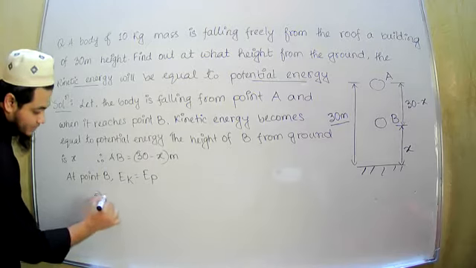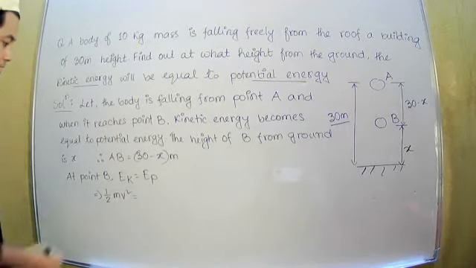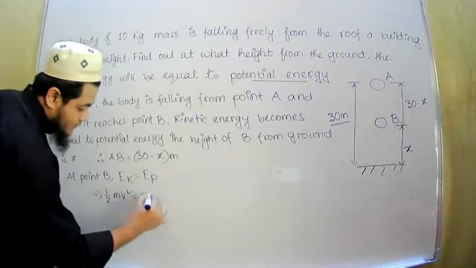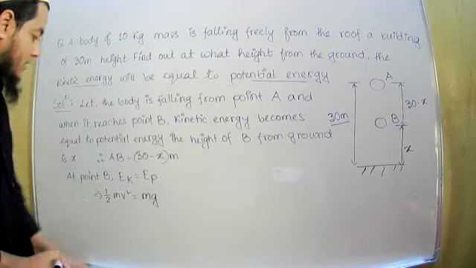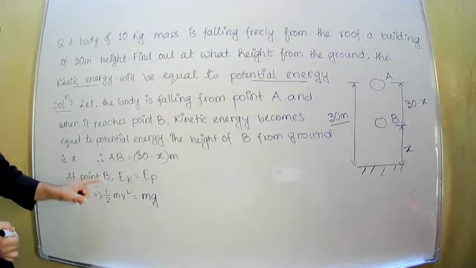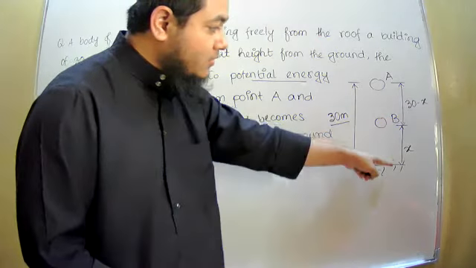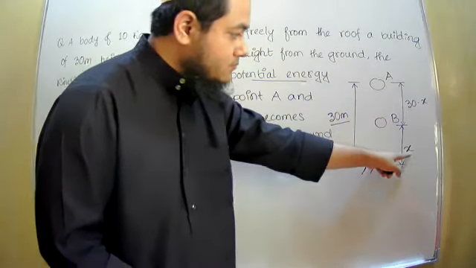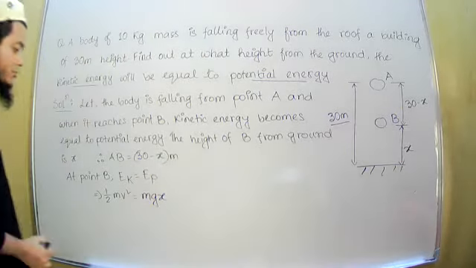So Ek, the formula is half mv square, and Ep will be mg, and after that we put the height from the ground. We are considering point B, right? So what is the height of point B from the ground? x. So we will put x here.